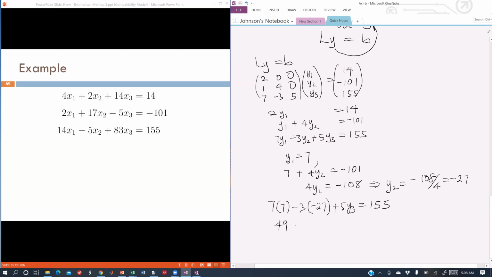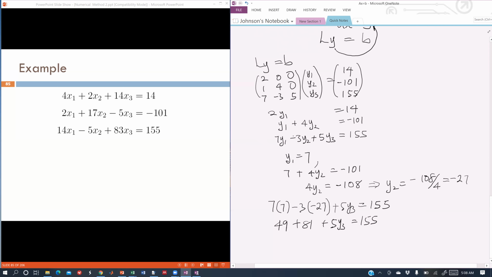This gives us positive 27 times 3 is positive 81, plus 5y3 is equal to 155.